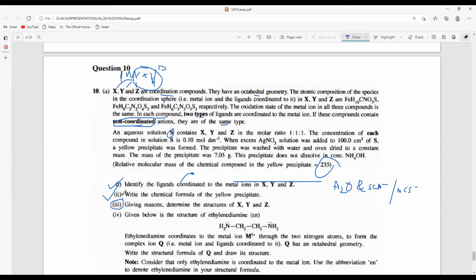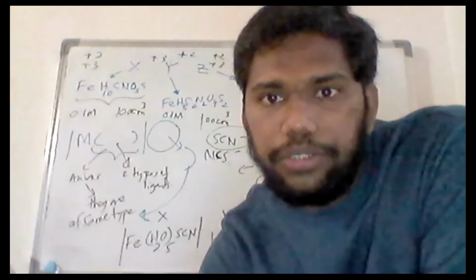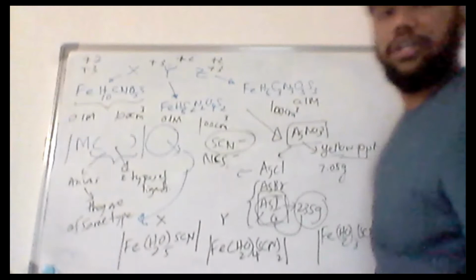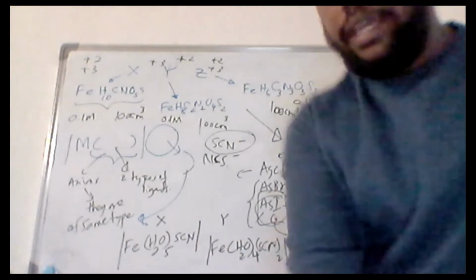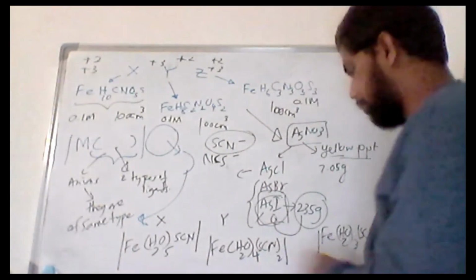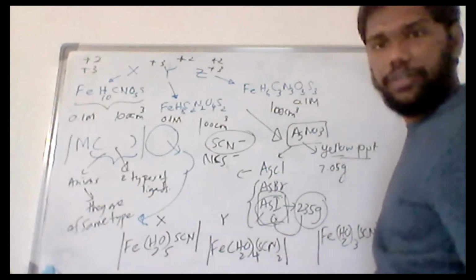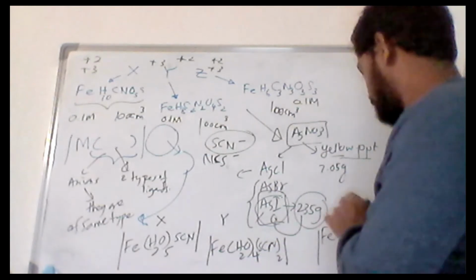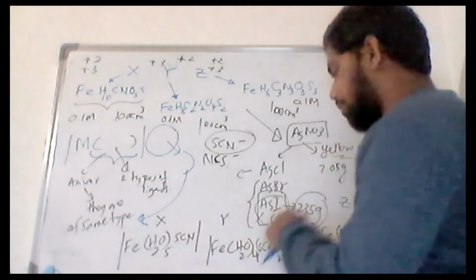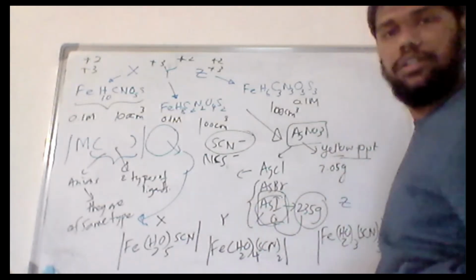So now we have come to a very important point. Because from the explanation, we have come to 3 different structures for X, Y, and Z. But here we have not given the charge.